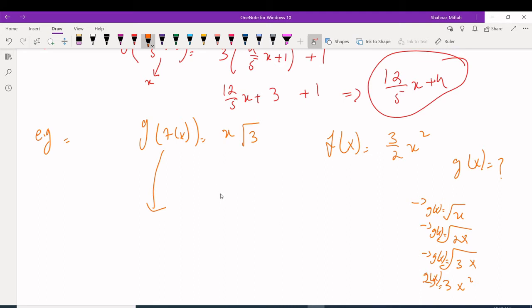So if the question is similar to this, with hard f of x and g of x functions or answers, that's the method, but if it's simple, then I'll show you how to do the simple ones.